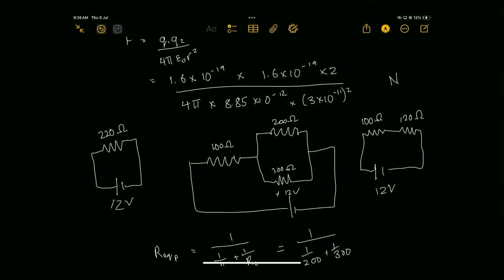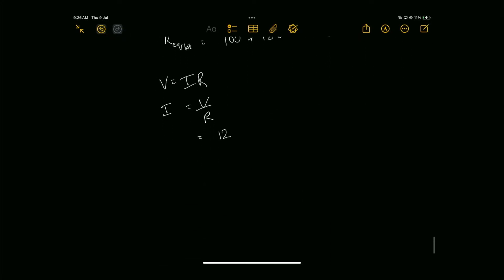So the current flowing through the 220 ohm resistor is the same as the current flowing through the 100 ohm resistor, which is the same as the current flowing through the 120 ohm resistor. So in our equation here, R, we substitute this to be 220, not 100 ohms, right? And then we would get a value, and that value would be 6 over 110.